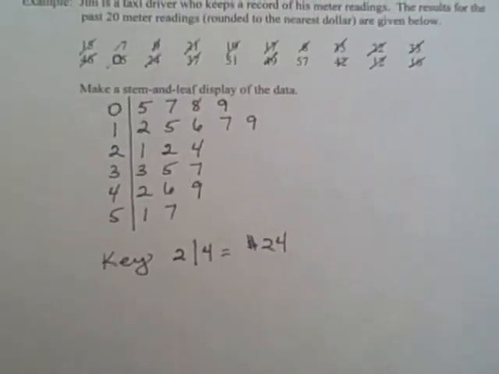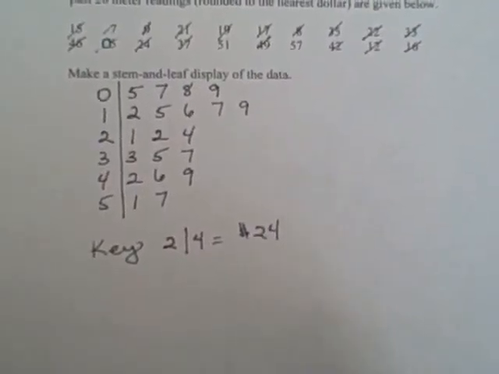Okay. Now, something I really like about stem and leaf displays is if you turn it onto its side, you have basically a histogram. Single digits, 10s, 20s, 30s, 40s, 50s. Let's look at this. If you think of these as bars, what's the shape? It's skewed to the right, stretched out to the right.